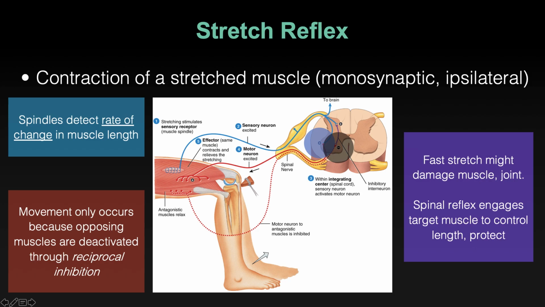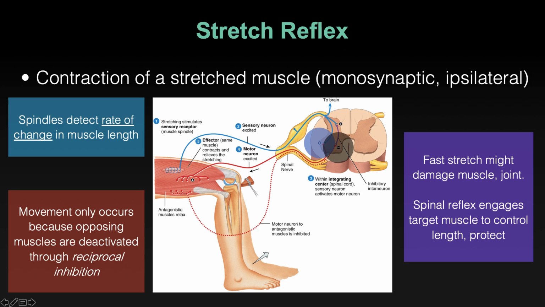And this specifically turns off the antagonist, or the opposing muscle. So the lower leg jumps because the quadriceps, the knee extensors in this case, are active, and the knee flexors are not active. Purposefully not active.